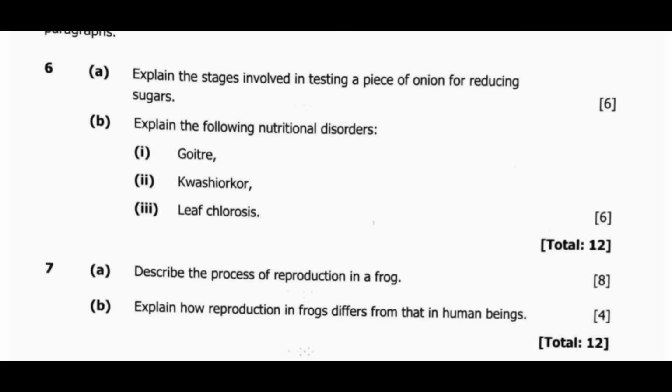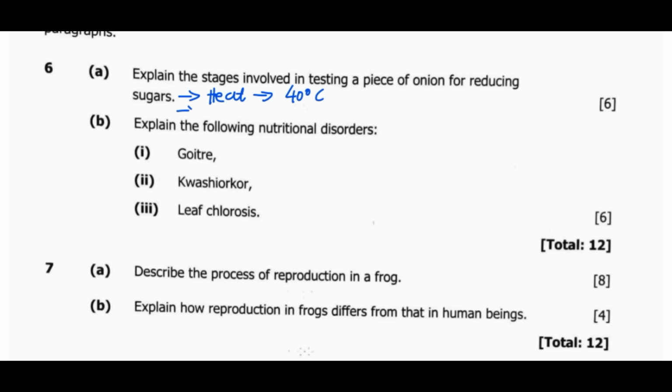So the first stage that must be there, we will not focus on the materials that are needed for now. We just focus on the method. The first one, you have to make sure that you heat water in a glass beaker on a tripod until the temperature is at 40 degrees Celsius.